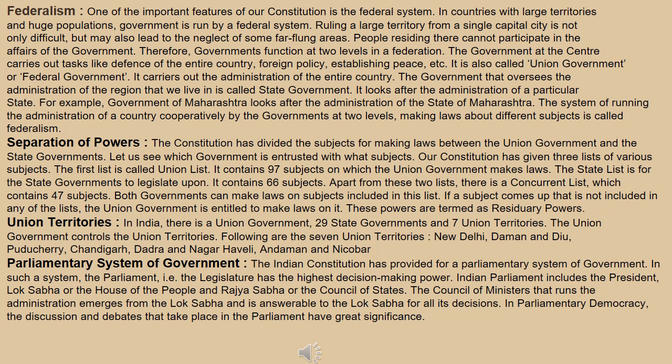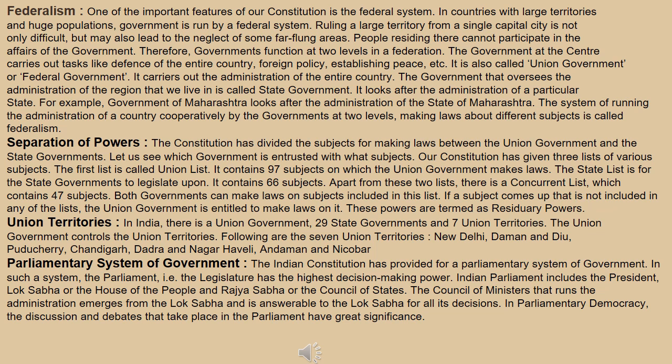The government at the center carries out tasks like defense of the entire country, foreign policy, establishing peace, etc. It is also called union government or federal government. It carries out the administration of the entire country. The government that oversees the administration of the region that we live in is called state government.